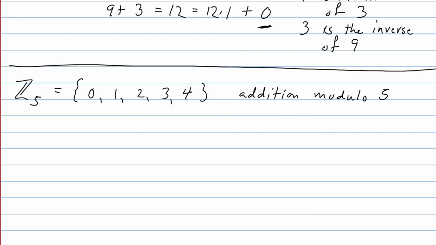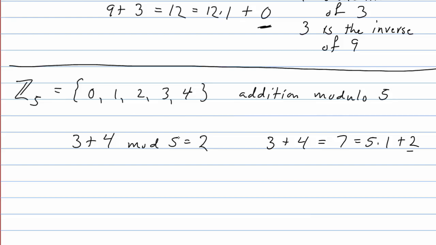Well, the same way it worked above. Suppose we want to add 3 and 4, mod 5. Well, we just add them in the standard way. We ask how many times 5 goes into 7. 5 goes in once, but then there's this remainder, which is 2. And so we are just interested in that remainder. So 3 plus 4 mod 5 is 2.